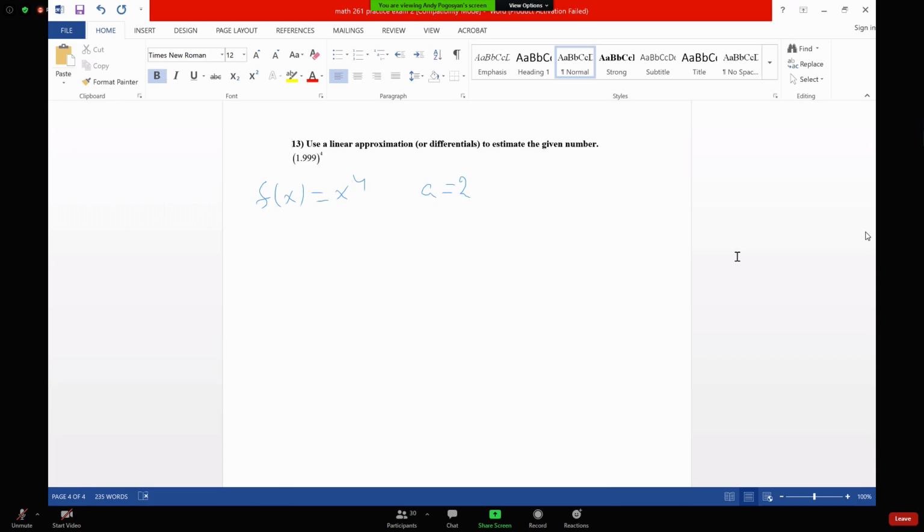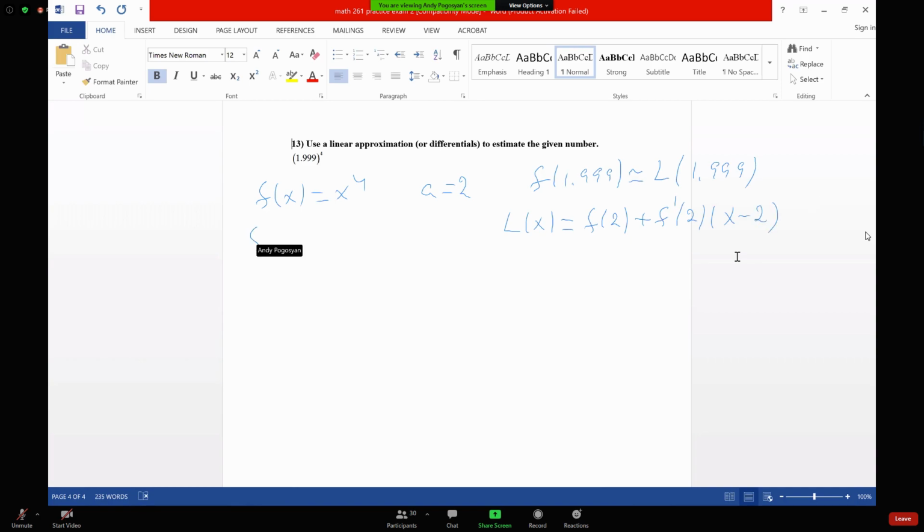So f(1.999) is approximately L(1.999), where L(x) equals f(2) plus f'(2) times (x minus 2).